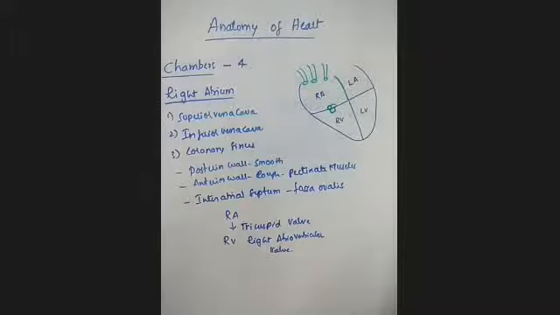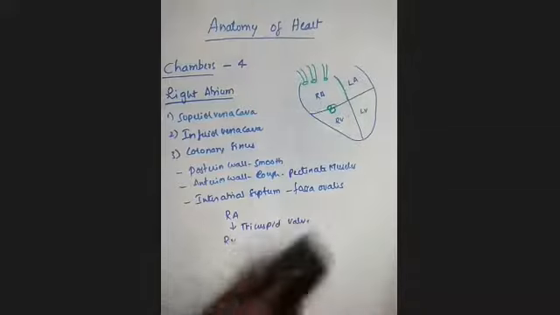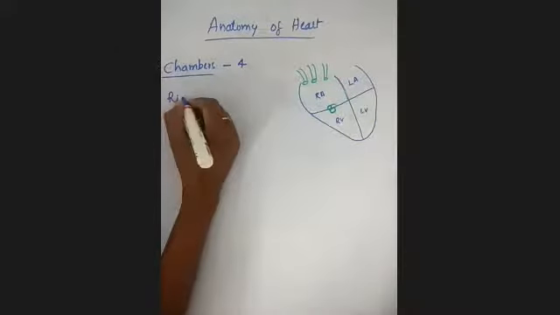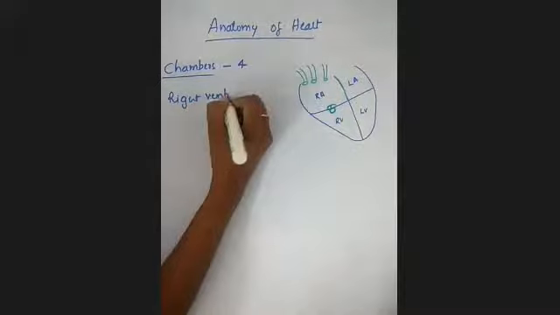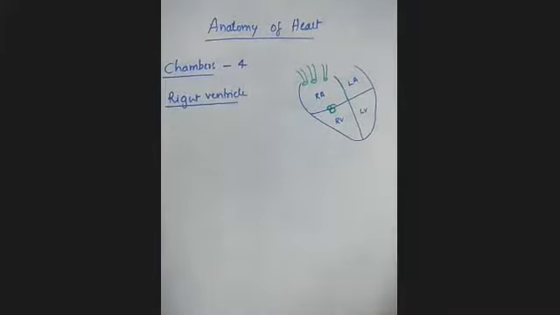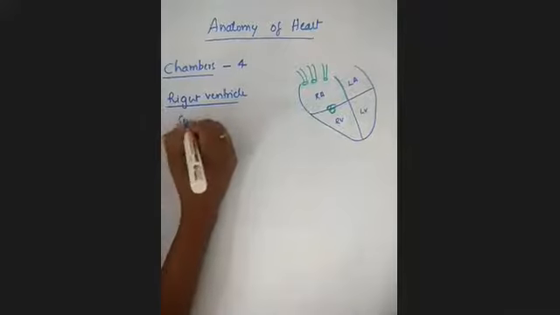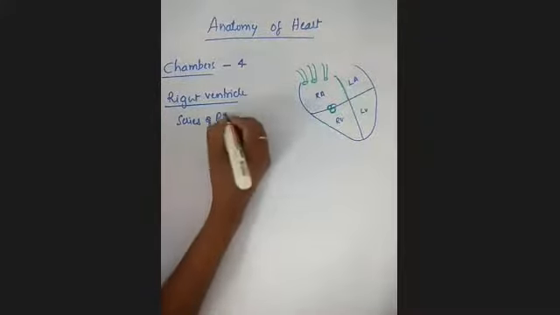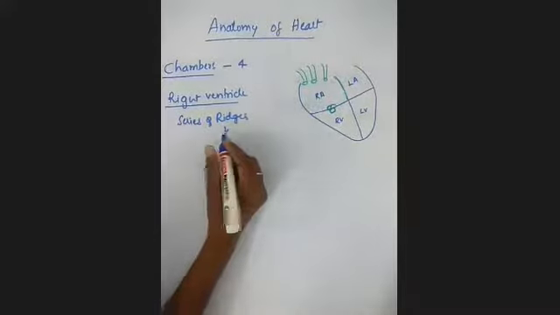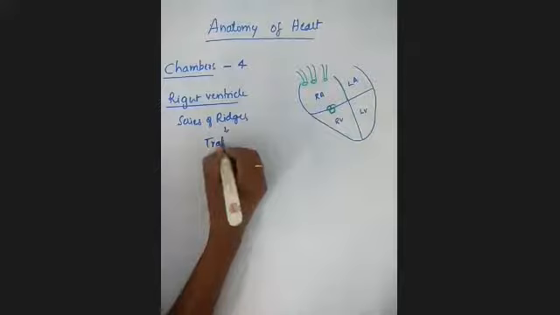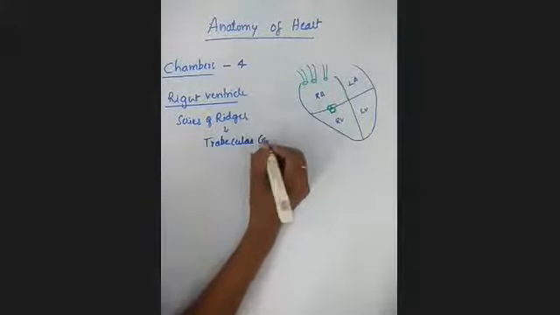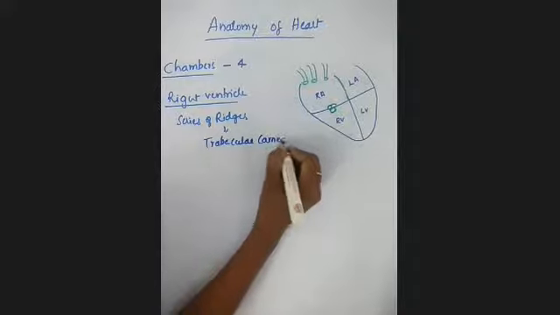Next we'll see about the right ventricle. If you see this right ventricle, inside it contains a series of ridges that you will call trabeculae corneae.